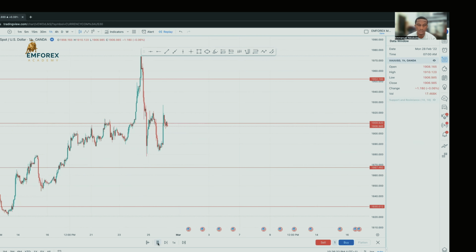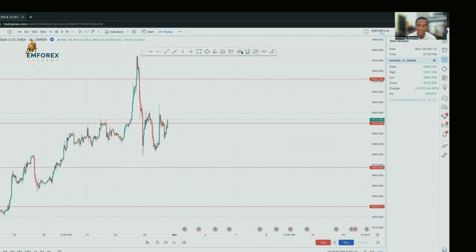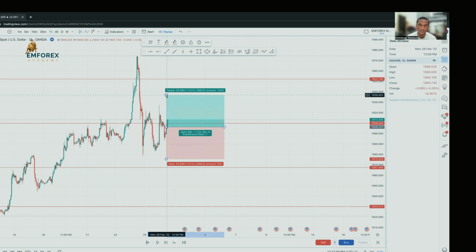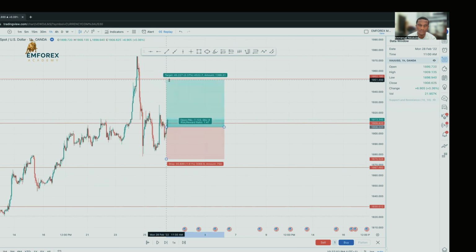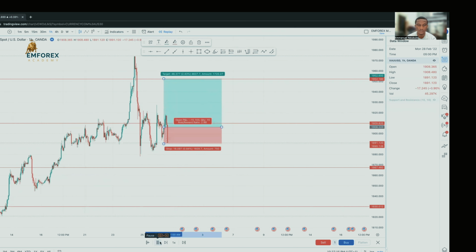So let's see how it goes. You can get the buy from somewhere around here, then possibly our take profit will be this high, and our stop loss at this low is actually a fair area. So let's see how price reacts to this trade.